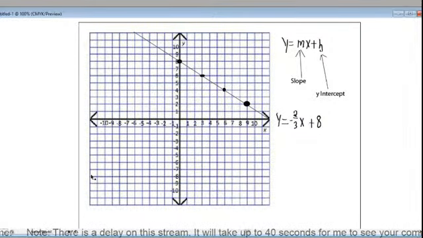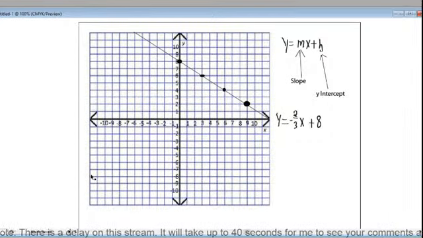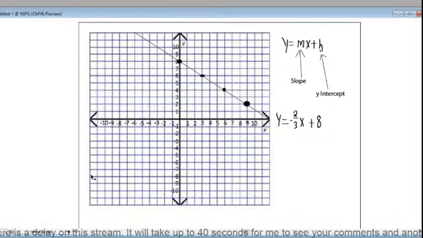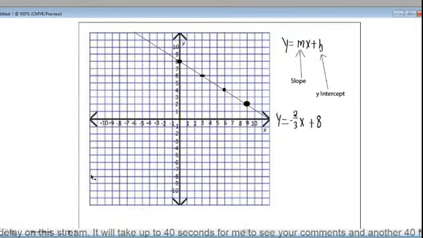And there's our graph. So knowing that slope and knowing that y-intercept can be quite useful. And I will go ahead and pause for any questions we may have.